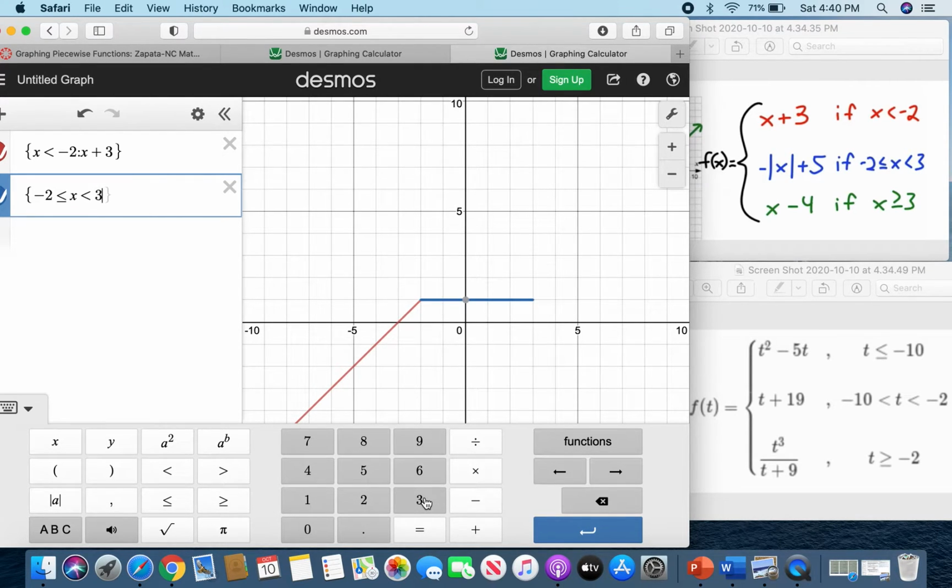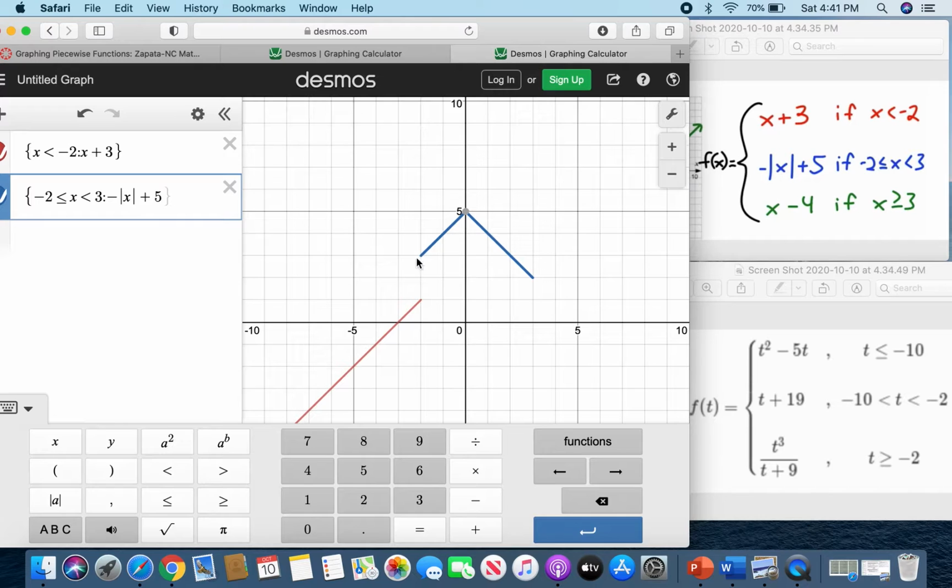Then colon, shift colon, and write the equation: the absolute value of the negative. Write first the negative, the absolute value is somewhere here, then write x, then you need to go out, and then add 5.